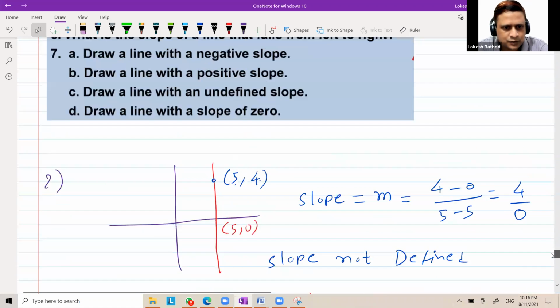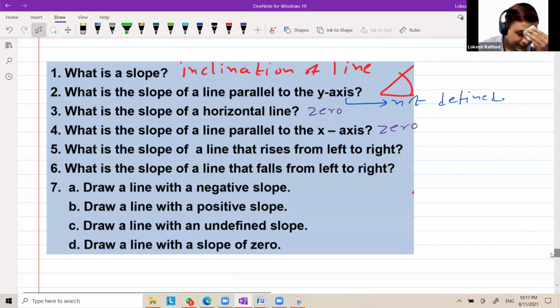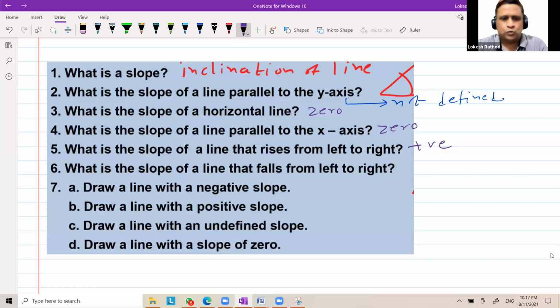What's the slope of a line that rises from left to right? That slope is positive. The slope of a line that falls from left to right is negative. Draw a line with negative slope. I'm drawing it like this. This is a negative slope. Draw a line with positive slope.